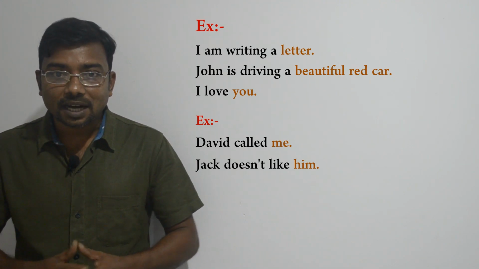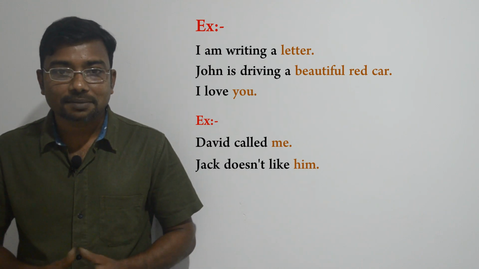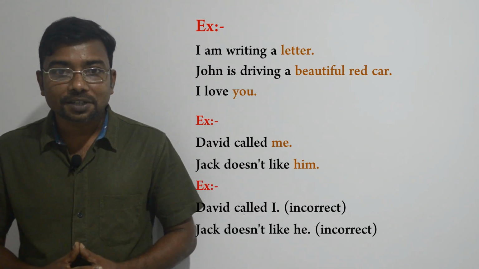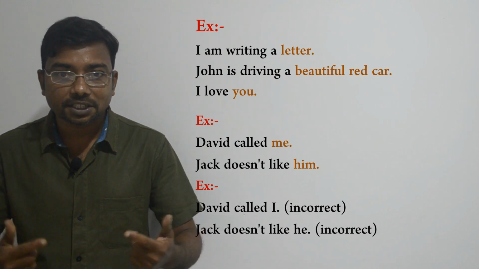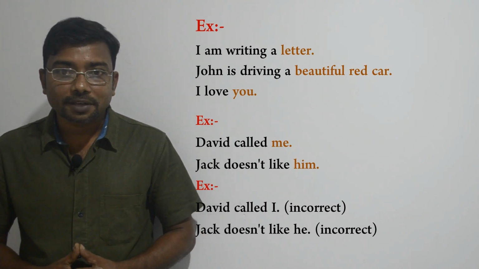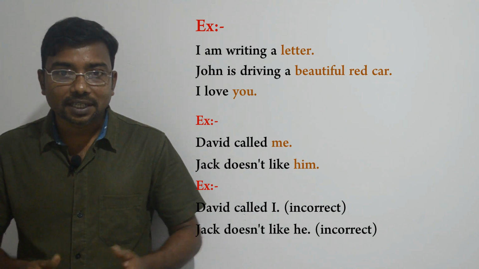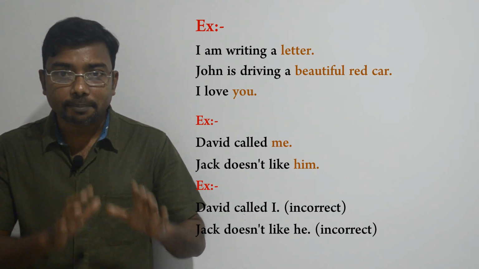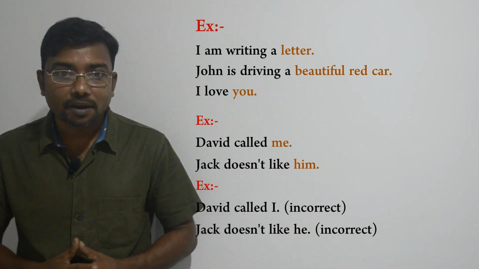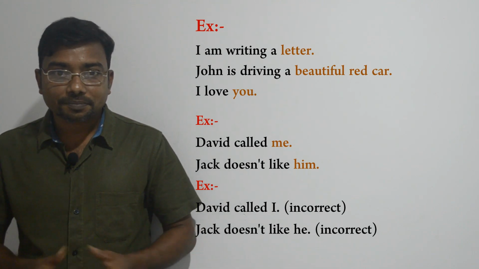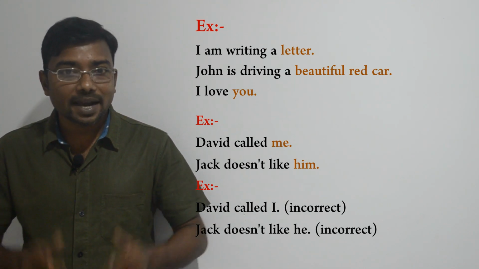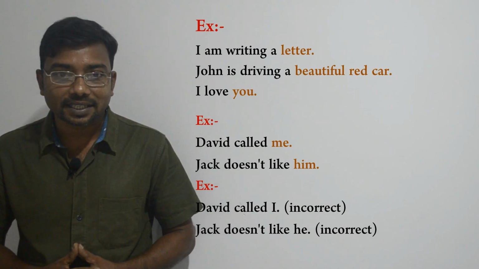Remember, we can't use them in the subjective case. Look at this example. David called I. Jack doesn't like he. Here he and I are in the subjective case. Remember, we shouldn't use the subjective case when we use a pronoun as an object in the sentence.